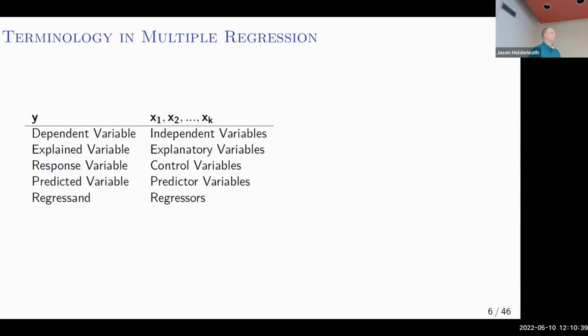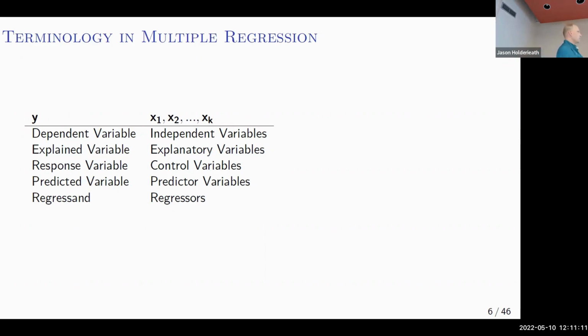You've probably caught me slipping up. I've tried to be really consistent on my verbiage, but one of the reasons that it's difficult is because there actually are several different things that people call these things. They really all mean the same thing. So y could be our dependent variable, the explained variable, the response variable, the predicted variable, or the regressand.